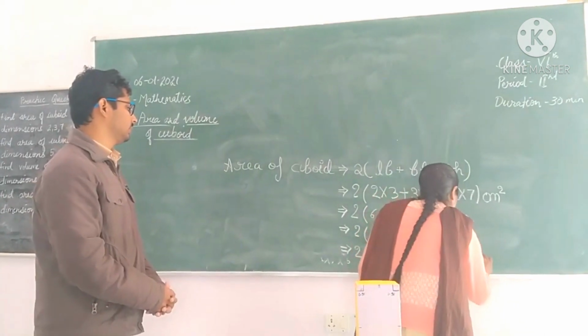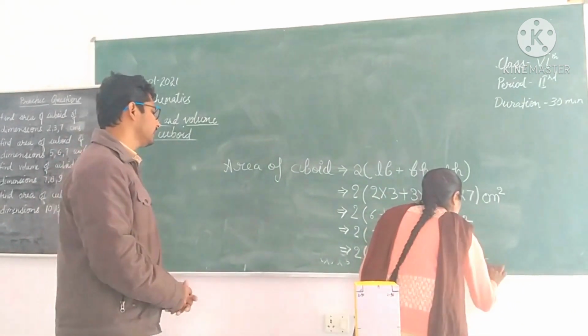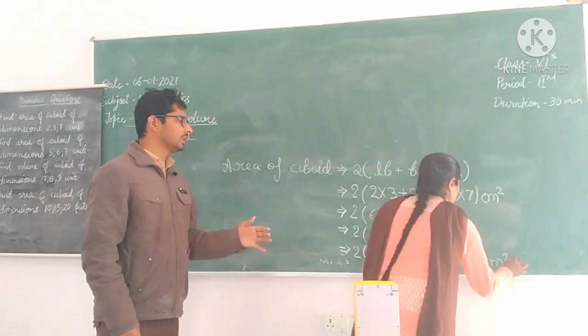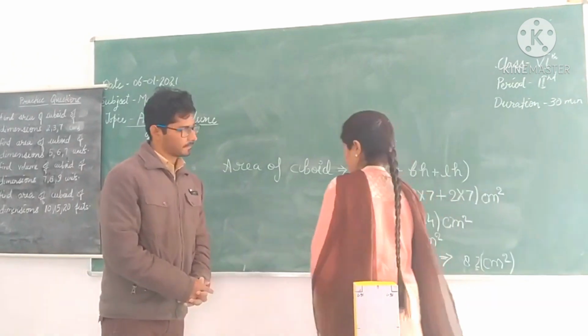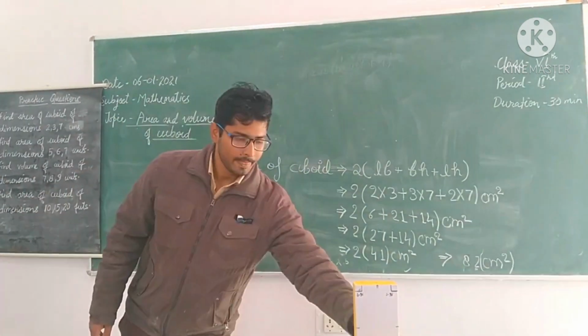So what is the area? 82 centimeters square. It is correct. Good.